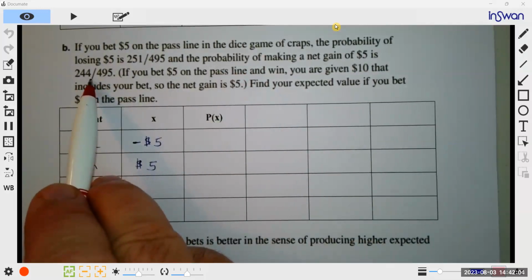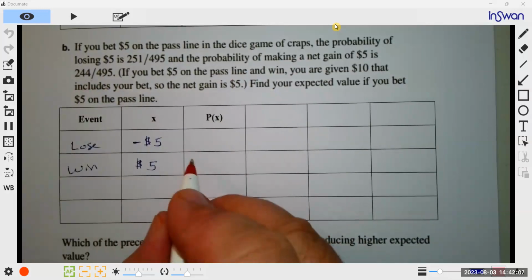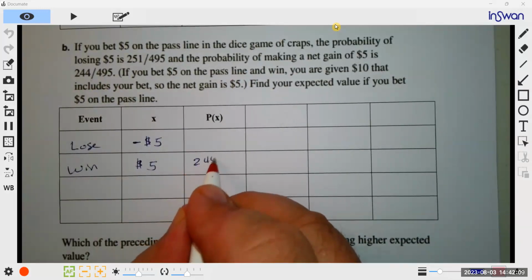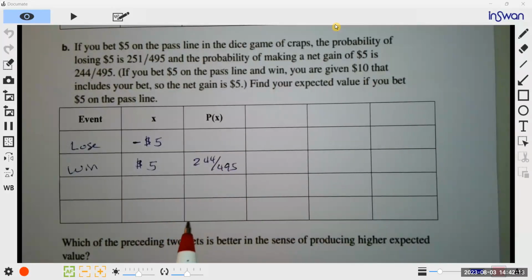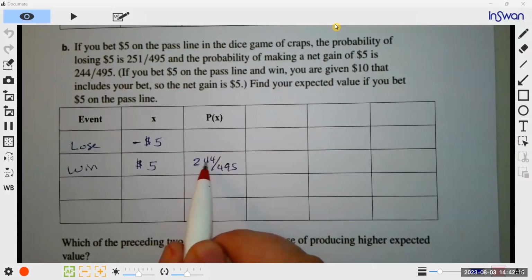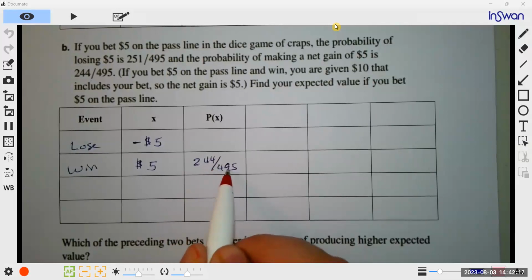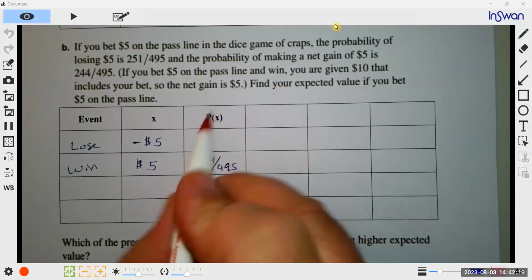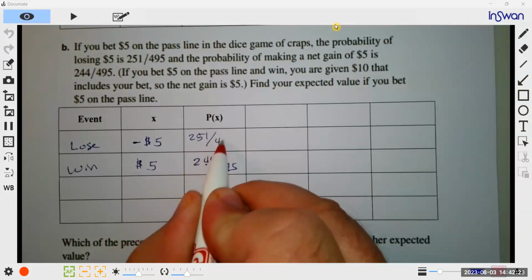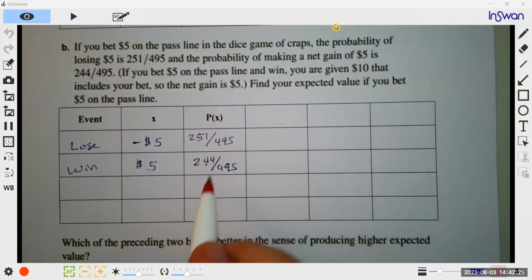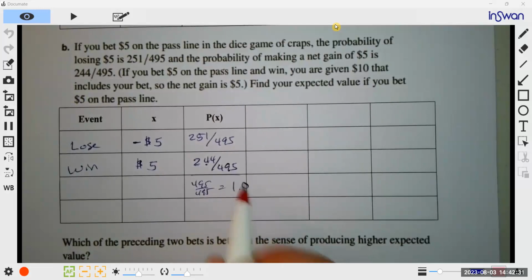So the probability of winning is 244 over 495. That means 495 minus 244 is 251, because both of these have to equal 495 over 495, which equals 1.0.